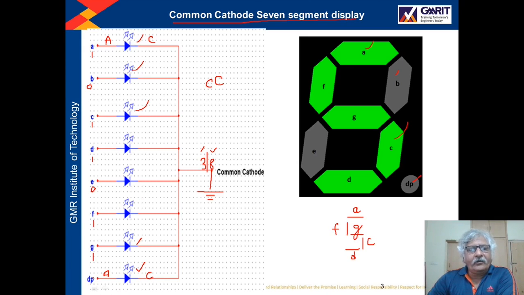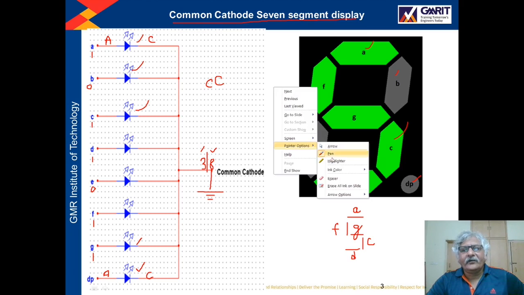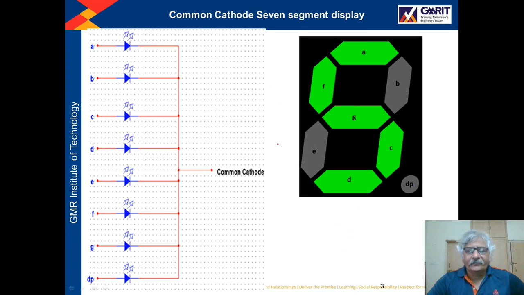If you want to turn on the dot, then you have to send 1, otherwise you can send 0. It does not matter. So in this way, if we send the binary values in this sequence, then 5 will be displayed, and in this way we can display various numbers.